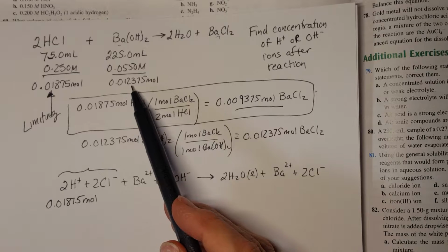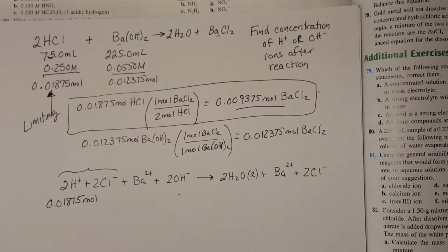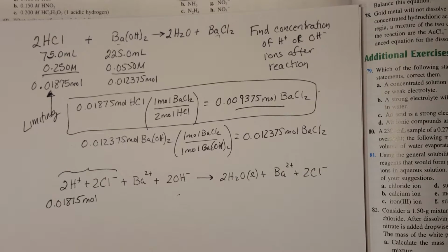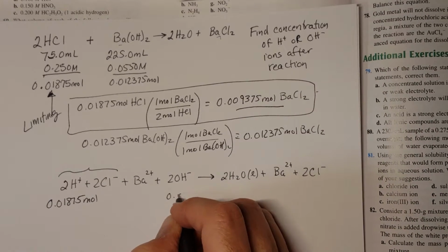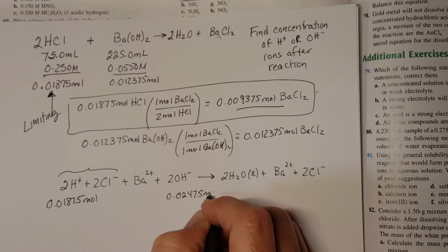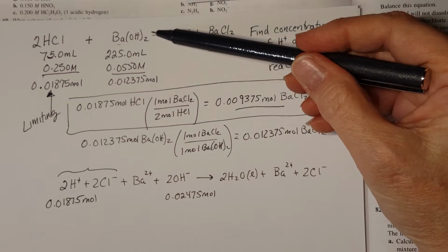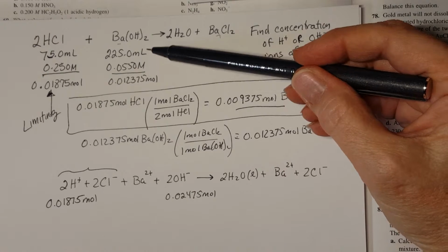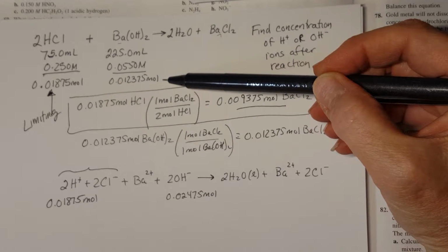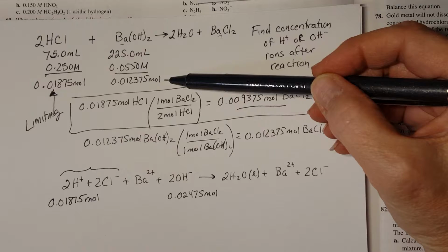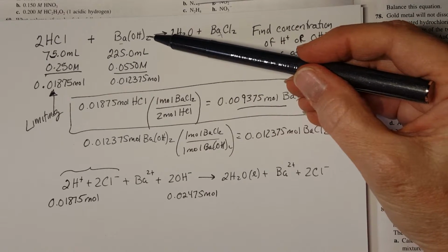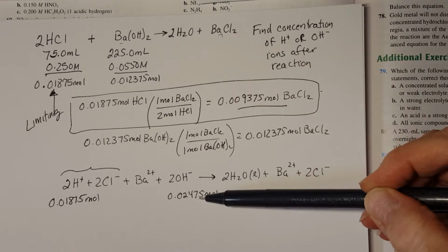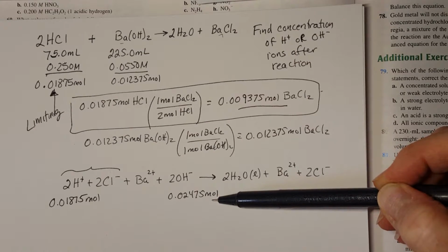We had 0.012375 moles of barium hydroxide, but for every mole of barium hydroxide, we get 2 hydroxides in the solution, so we have twice that many moles of hydroxide ions. So we have 0.02475 moles of hydroxide.